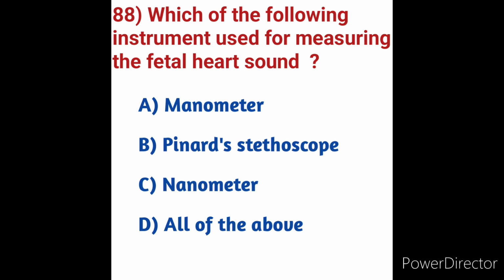A Pinard horn is a type of stethoscope used to listen to the heart rate of the fetus during pregnancy. It is a hollow horn, often made of wood or metal, about 8 inches or 200 mm long.